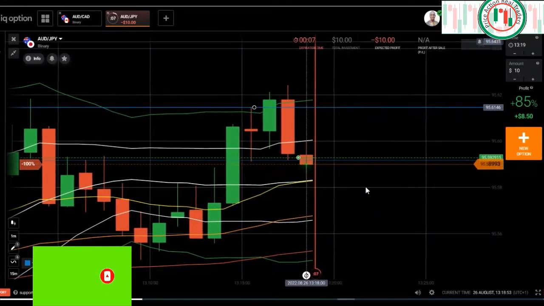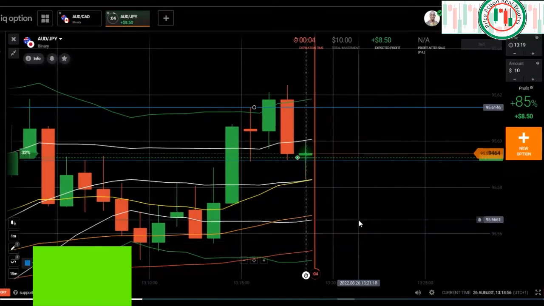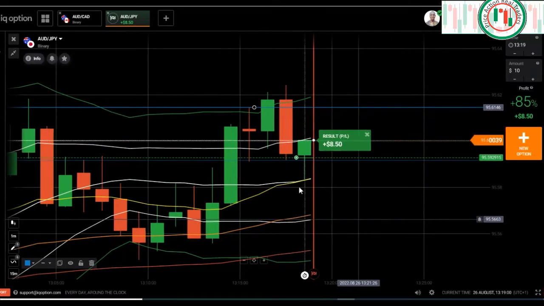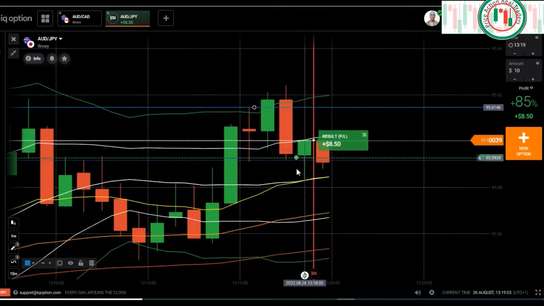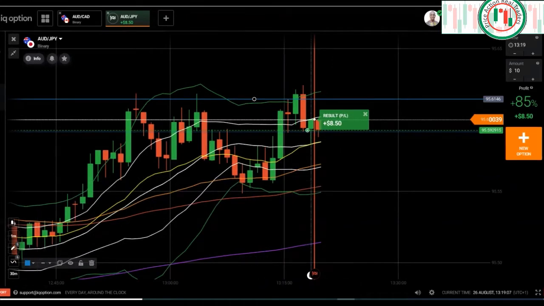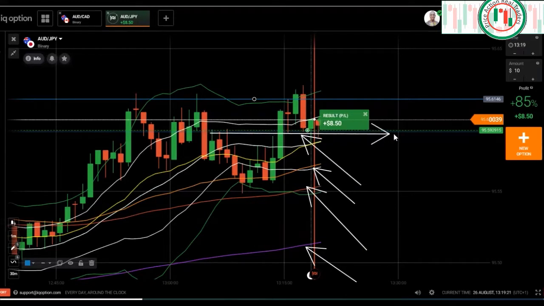We have 7 seconds. You see, this is green candle, so that's why I place my trade confidently. Why? Because you see 200, you see 100, you see 50, you see 20, and this zone here, you see market engulf here.